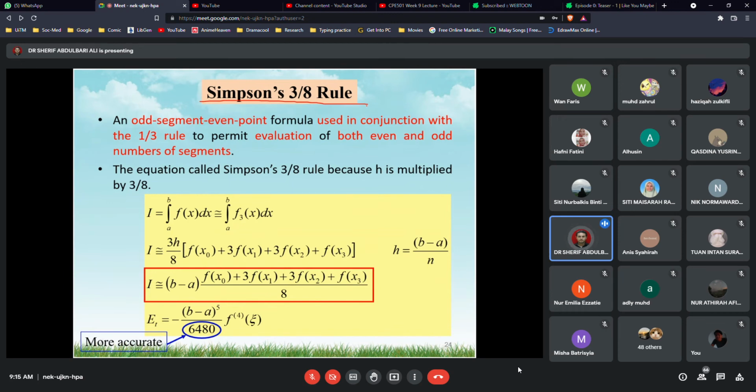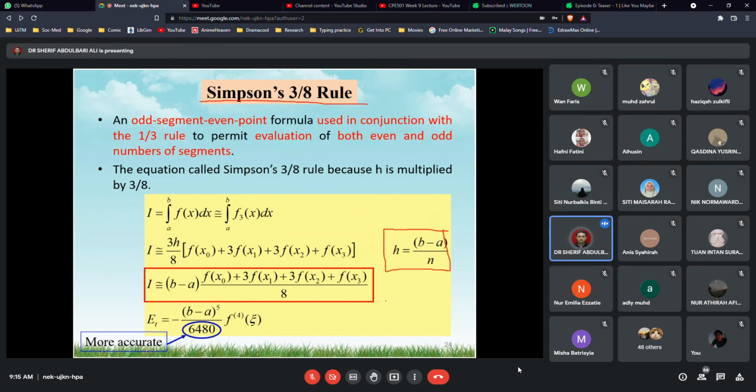So since we are talking here about the 4 points, you are going to have x0, x1, x2 and x3. And of course, if you are having the limits from a to b, I know that all the Simpson rules work with the same step size, so equispaced. So this is how to get the step size based on the number of the segments.